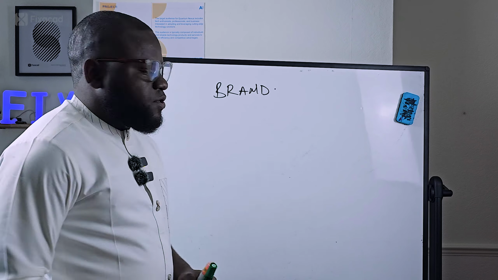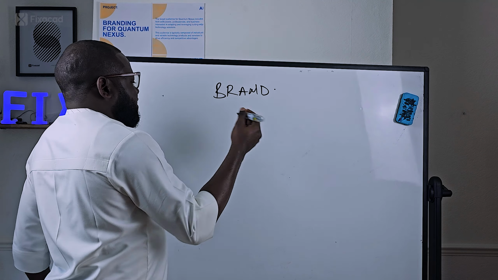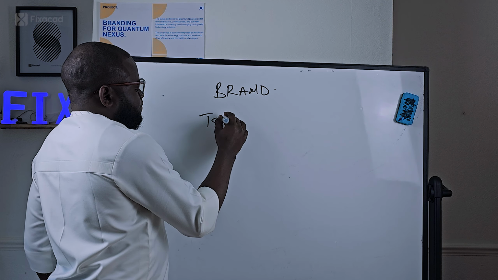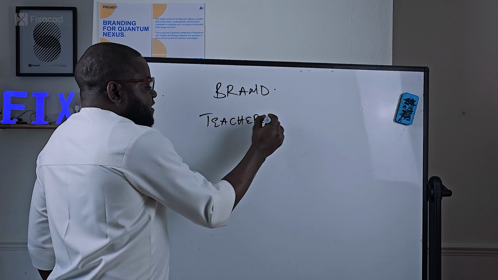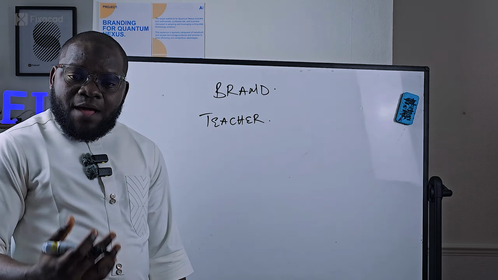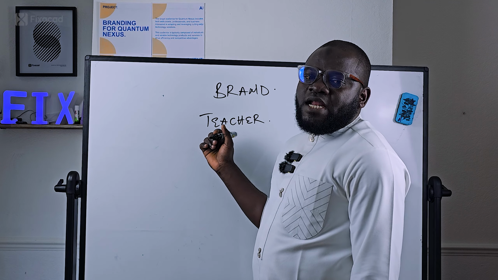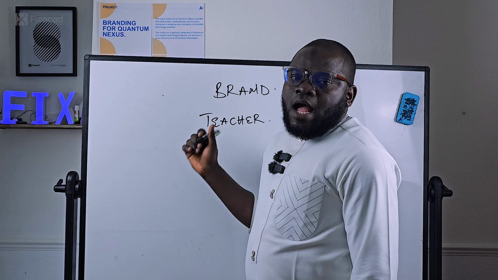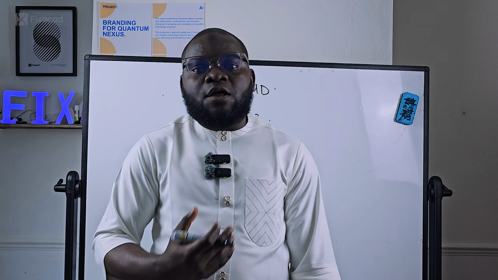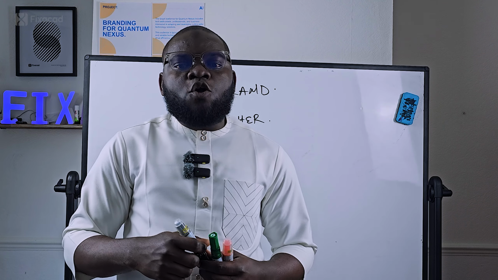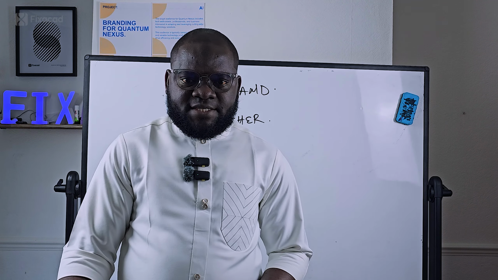If I tell you that I'm a teacher, or I start an academy where I teach, immediately I start this, there is already a brand. And that is why you need to understand what it simply means so that you will know when you own it and when you have it.